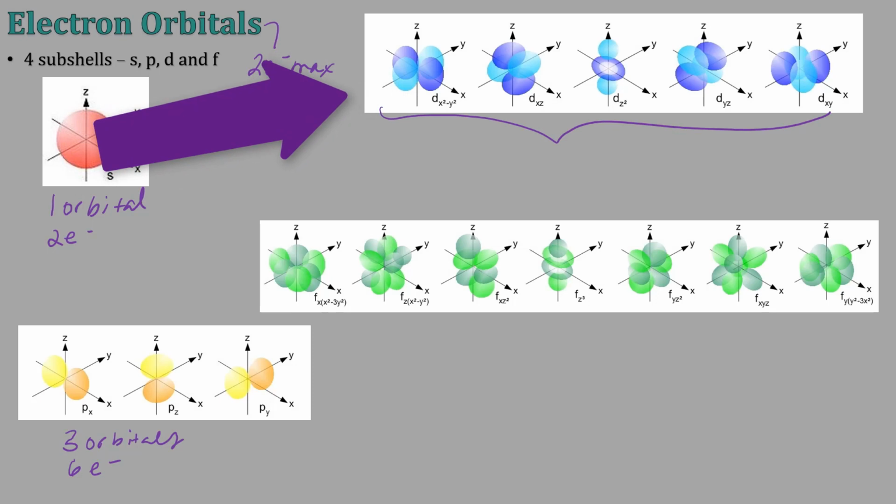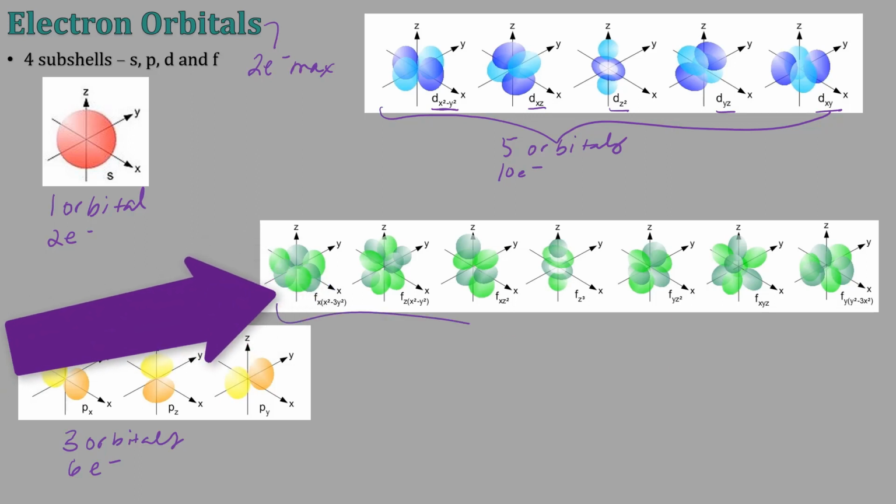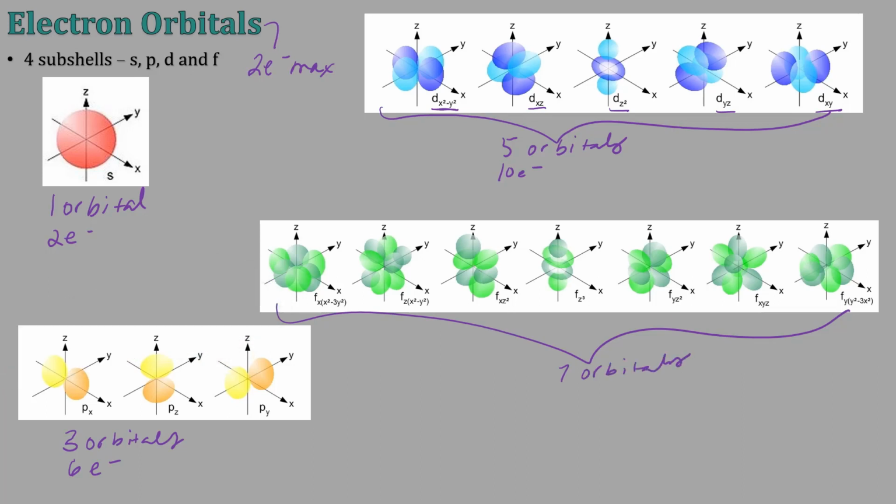And you don't need to know all of the names of each orbital or even really the shape of them. It just helps kind of put all of the concepts together to see it. So there's 5 orbitals here in the d subshell. And if each orbital holds 2 electrons, that would be 10 electrons total. All right. And then the F are down here, and there's 7 orbitals, and they each hold 2 electrons.